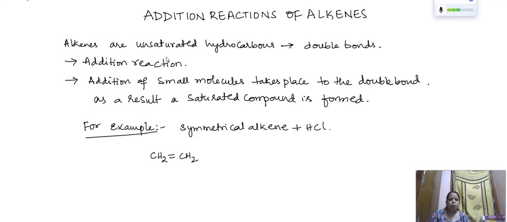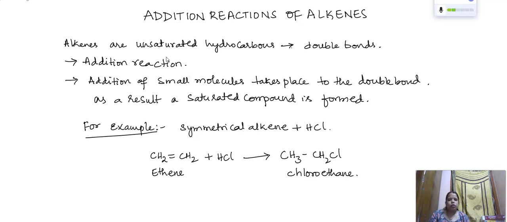Now to this double bond containing ethene, we are adding HCl. When we add HCl, we get CH3CH2Cl. So ethene, which is an unsaturated compound, is now converted to chloroethane.